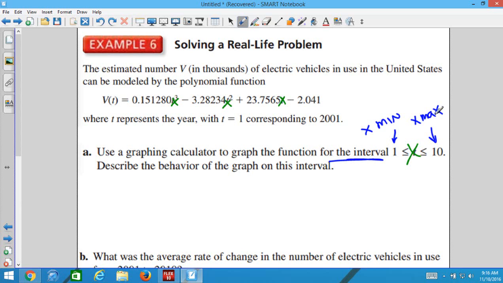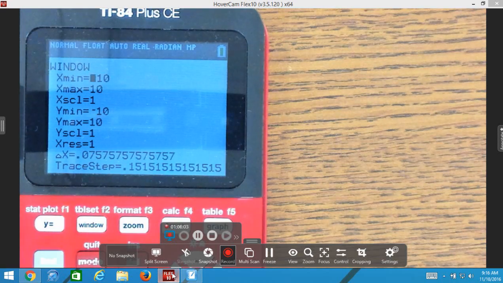So how do we know the y min and the y max? We already know the x min and the x max that was given to us.